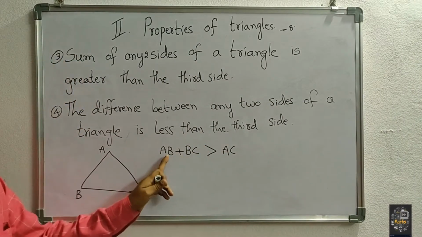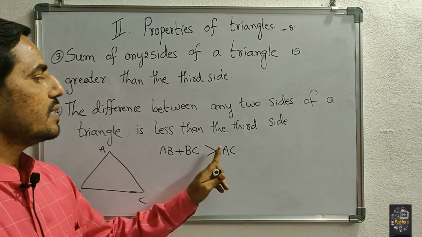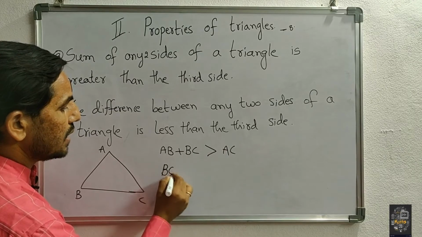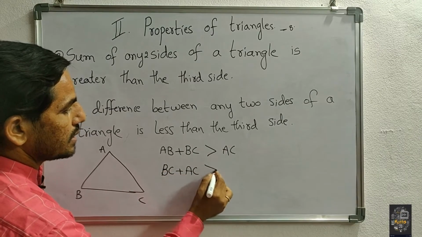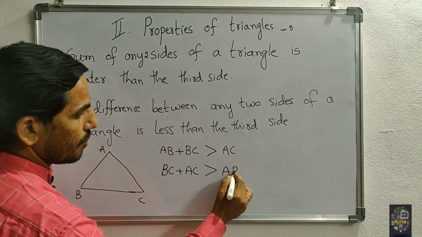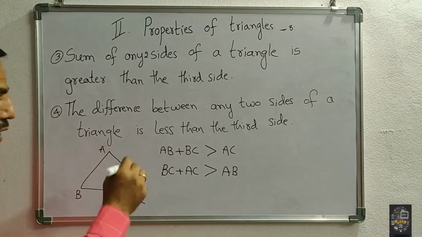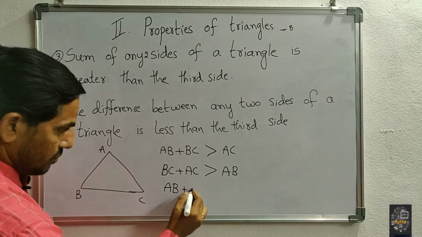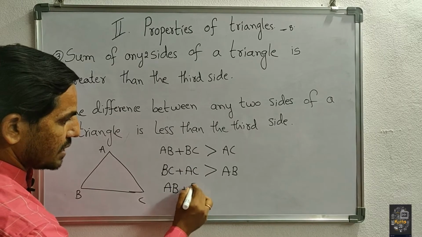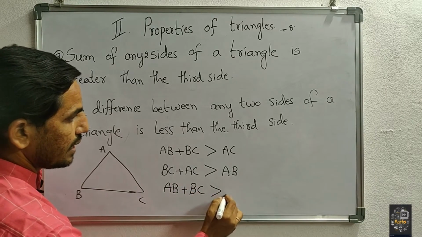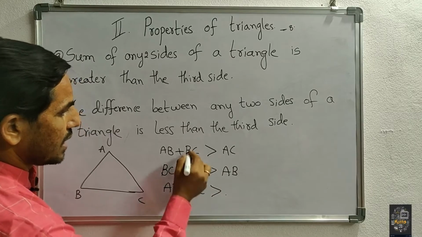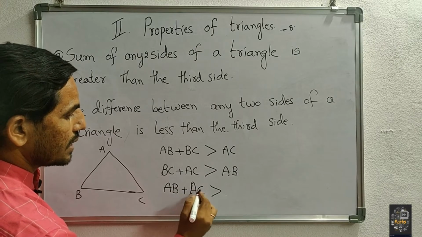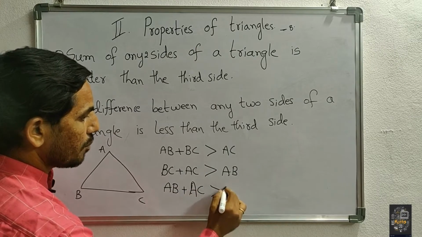Sum of any two sides is greater than the third side, or I am writing in reverse: BC plus AC is greater than AB. This is also correct. And one more: AB plus AC is greater than BC.